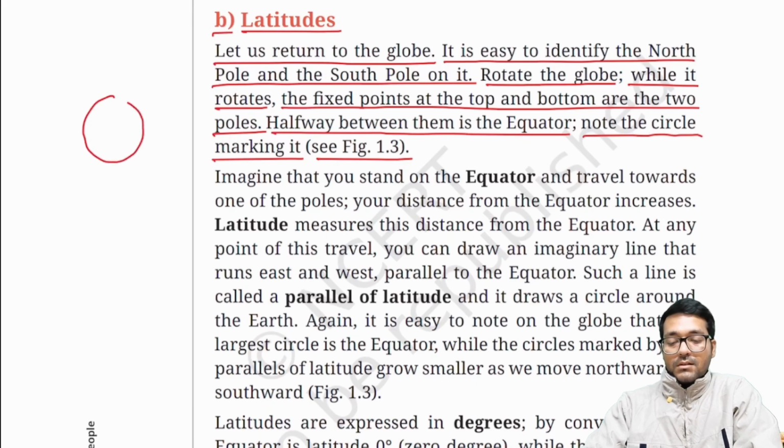Suppose this is earth, then this will be the North Pole and this one will be the South Pole. And the circle that splits earth into two parts horizontally will be the equator.